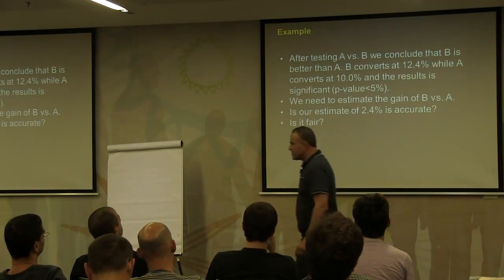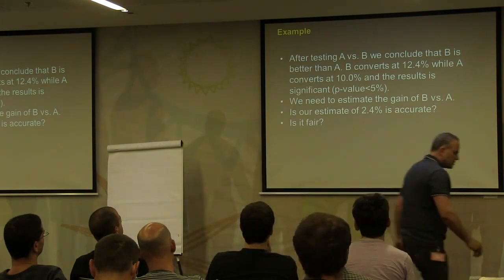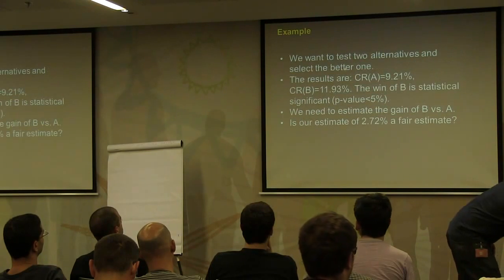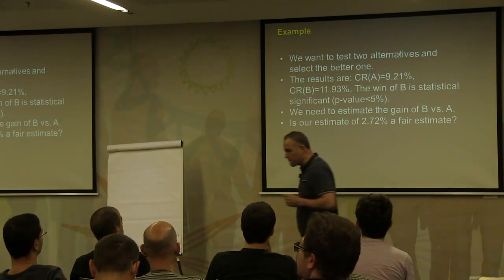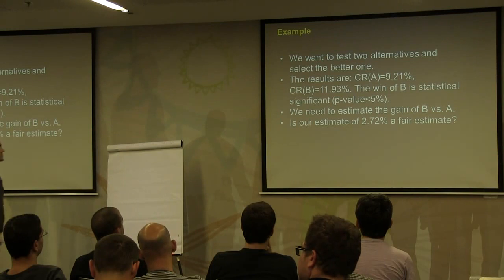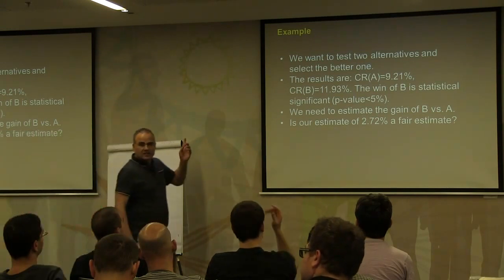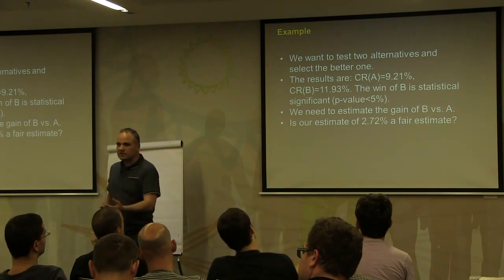Okay, let's see an example. So let's say I've made a test. I had two alternatives, A and B. CR stands for conversion rate, okay? I ran it for a while.